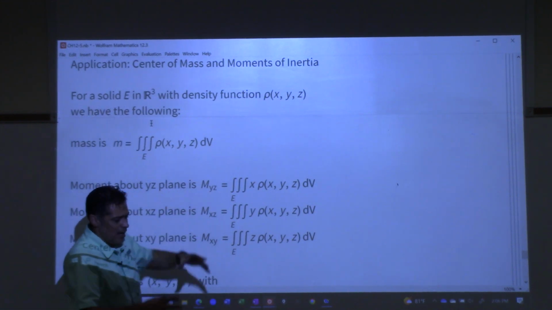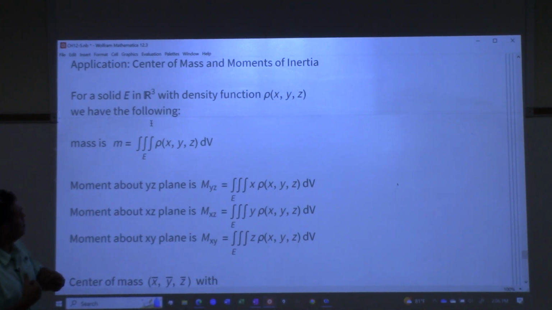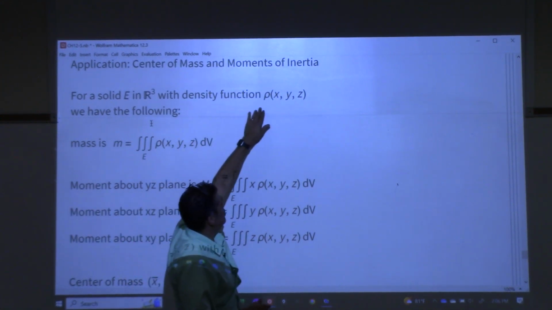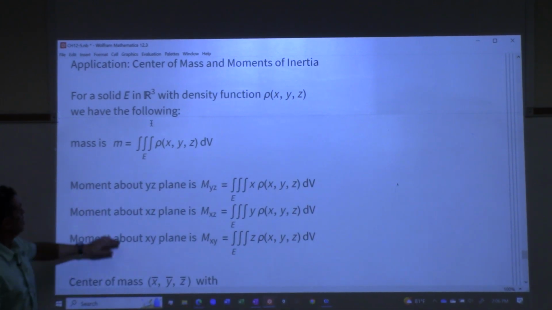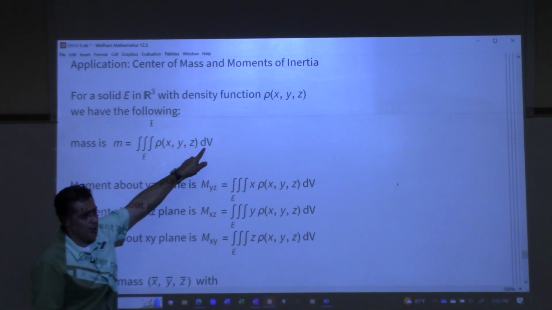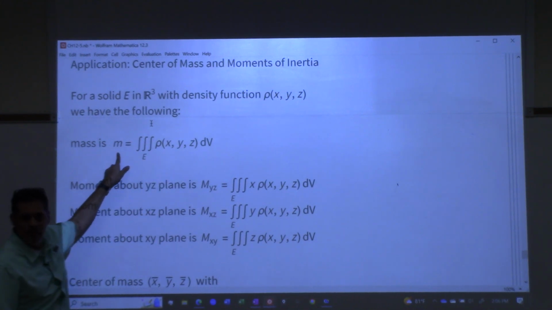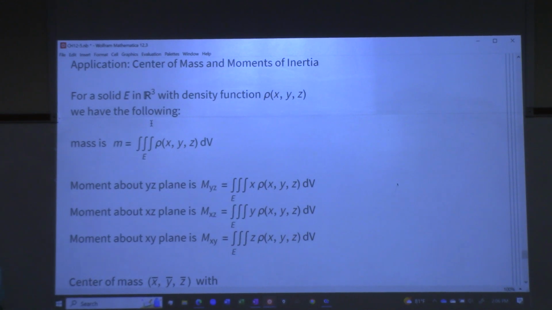So if you give me a solid object in 3-dimensional space, and you provide the density function for that solid, then if I do the triple integral over E of the density function with respect to volume, that gives me the mass of the object, E. And then we have all those other things that we had at the end of class last time.